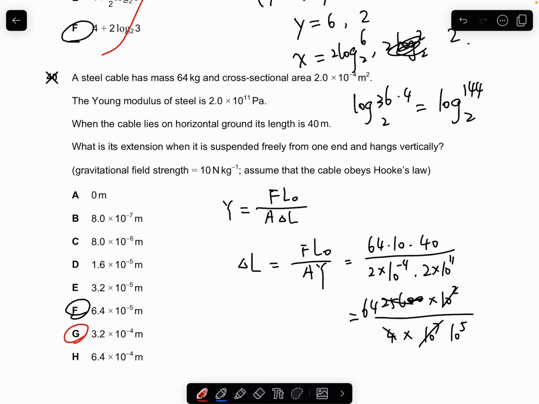Wait a minute. What has happened? But no, this is not correct. Is this correct?